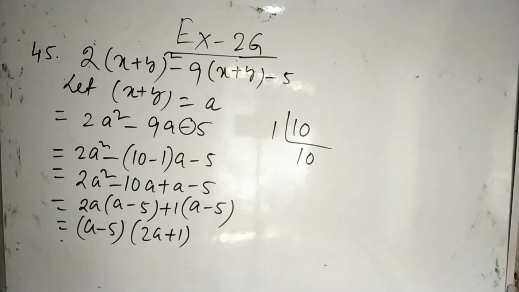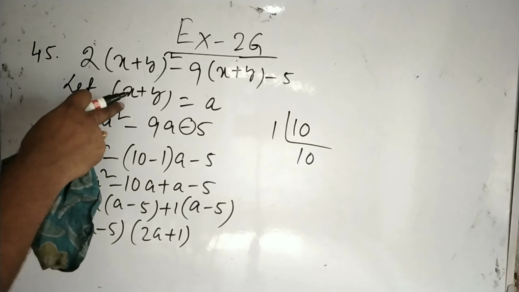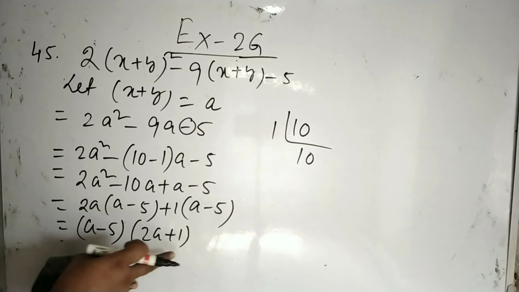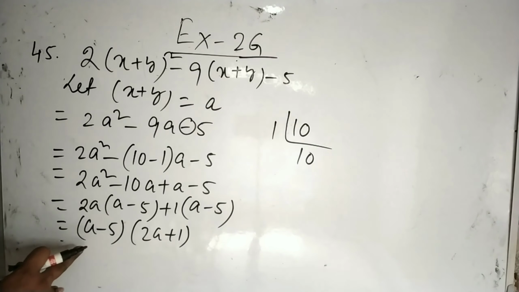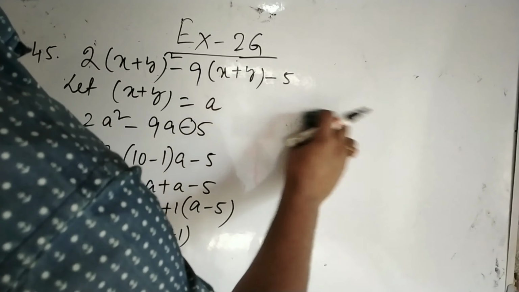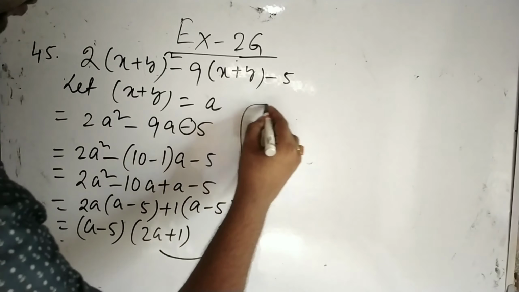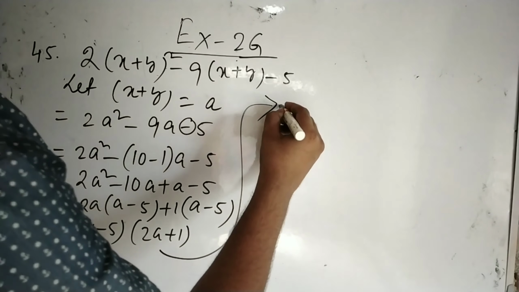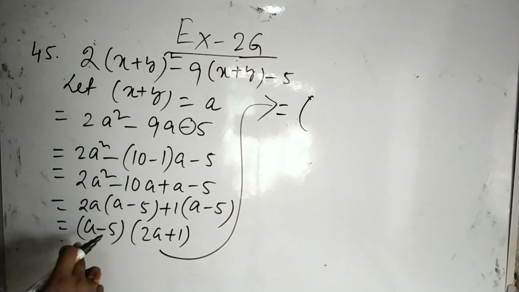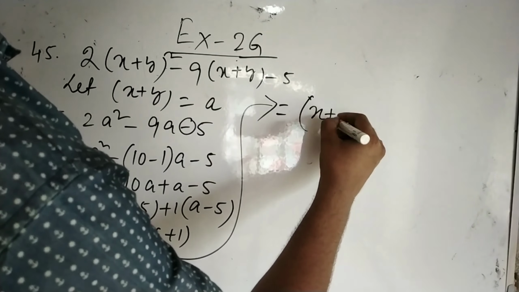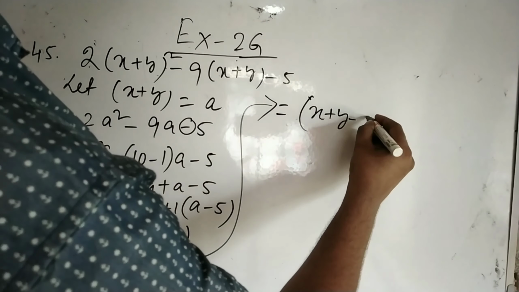Now if you keep it like this, you will get 1 mark less. Why? Because you have considered x plus y as a, and your answer is in a. So you have to put the value of a in this expression. We are doing here. So it will become a is x plus y, so x plus y minus 5.